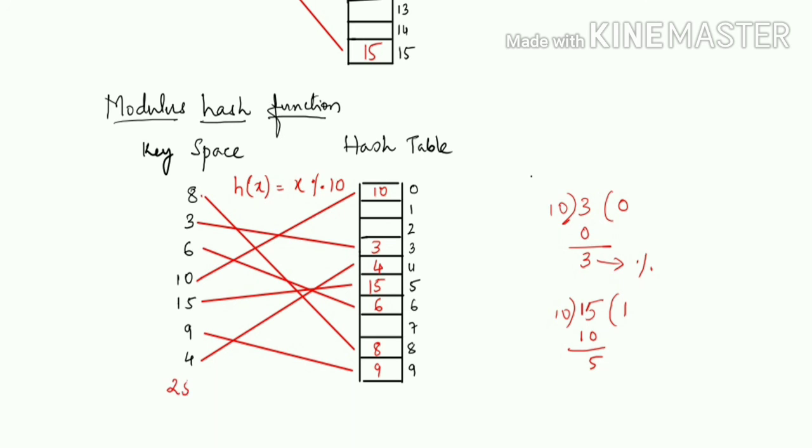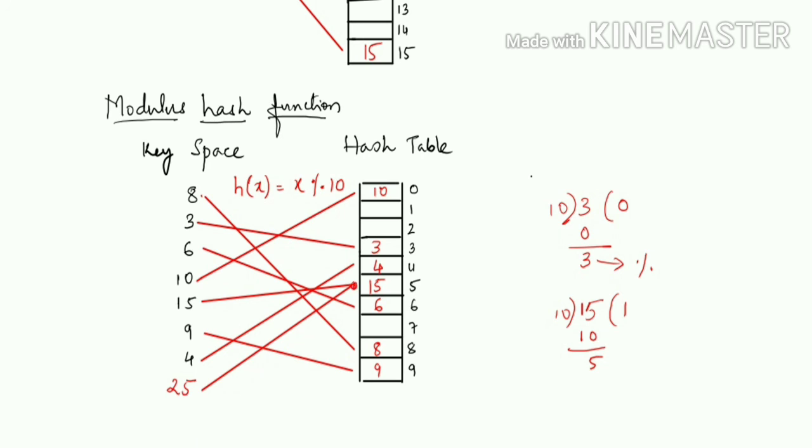I think you might have already got this doubt. What if we have another number whose units place is 5, like 25? This will also need to be stored in location 5. Then in that case there will be a collision.